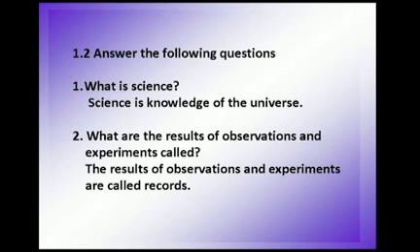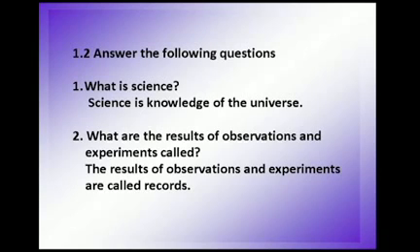This knowledge has been put together systematically by means of careful observations and experiments, the results of which are recorded. Often, when these records are interpreted, general truth of nature is indicated. Notice that the question word used here is what, and you have to find the complement of the subject, the results of observations and experiments.